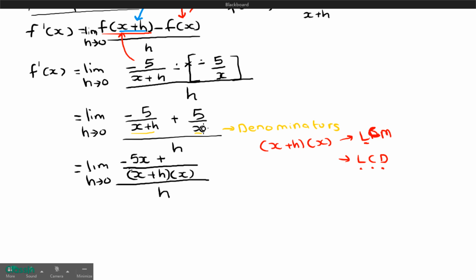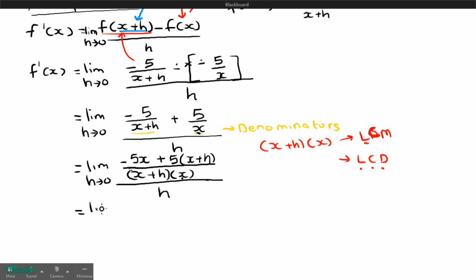Now, we still have x here, but x goes one time into x and x plus h is remaining. Then whatever remains must multiply this 5. Then we have x plus h. This must all be divided by h.